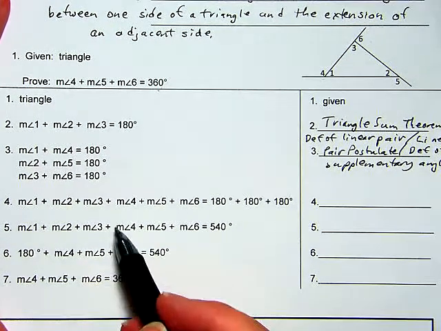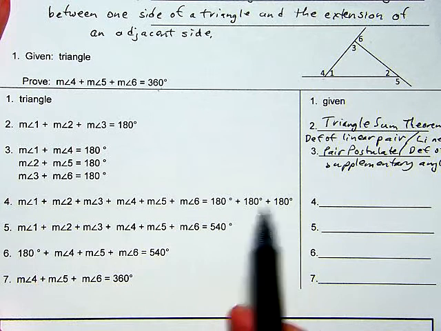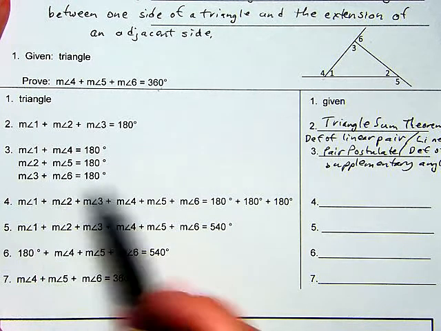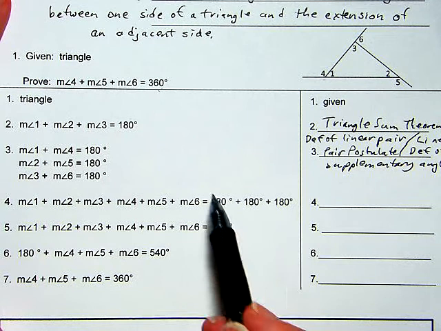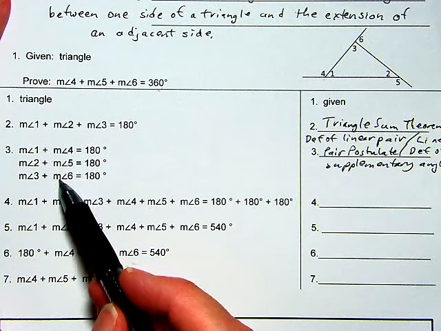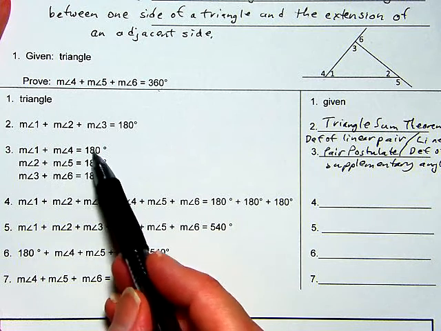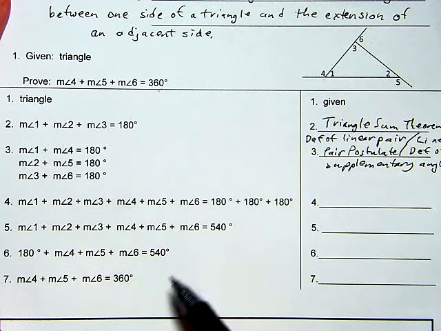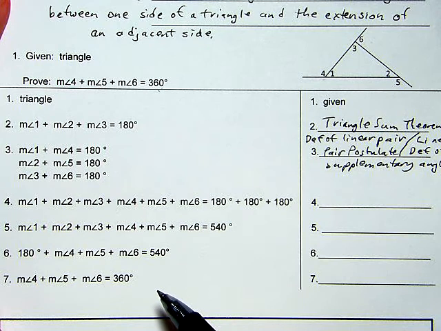The next line combines the equalities from step 3. Essentially, it adds the left sides of these 3 equations equal to the sum of the right side of each of these 3 equations. So we're adding 3 equations together.